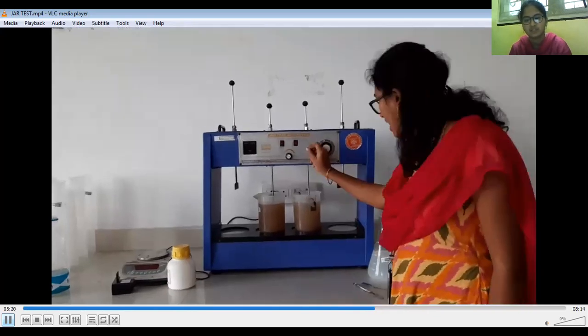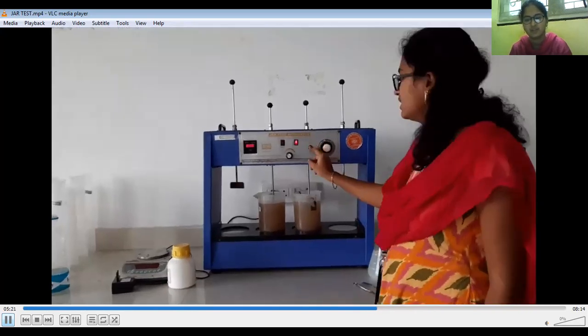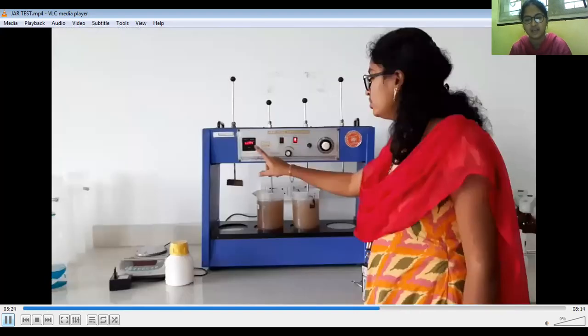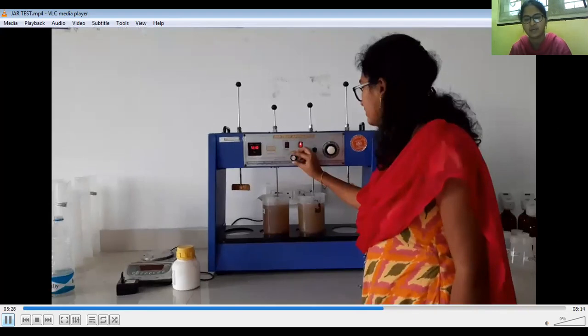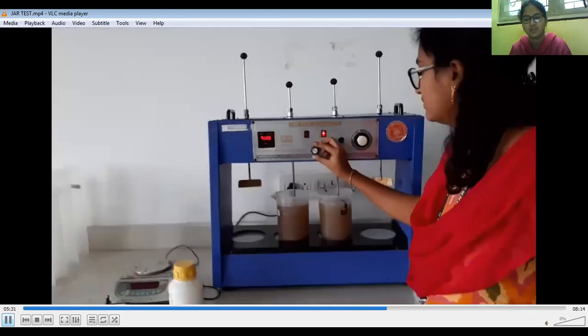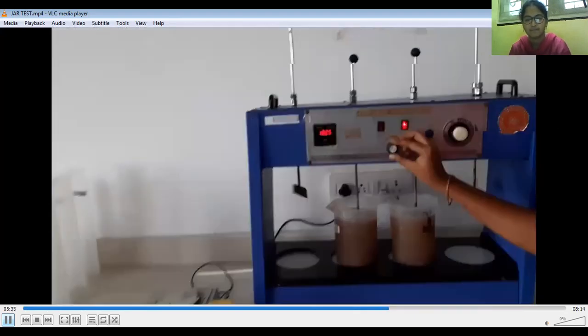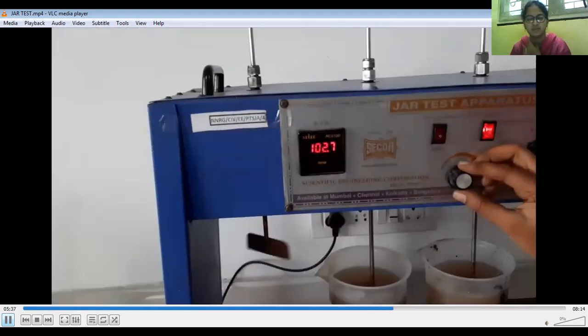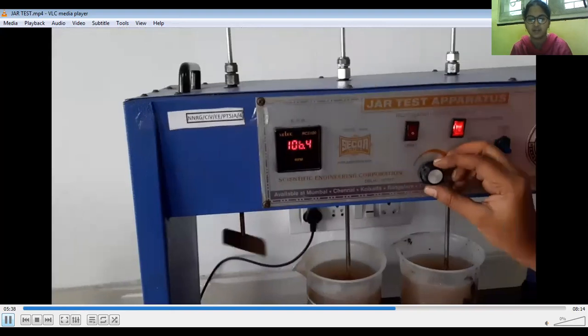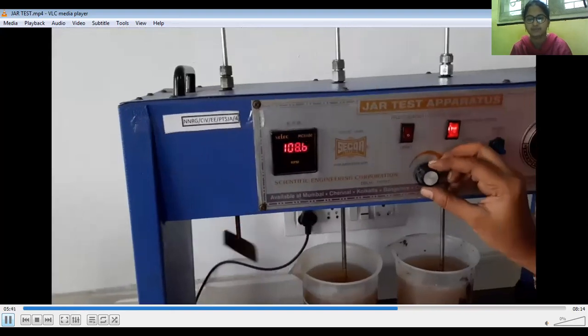Now stir the sample for 1 to 2 minutes at a speed of 100 to 120 RPM.